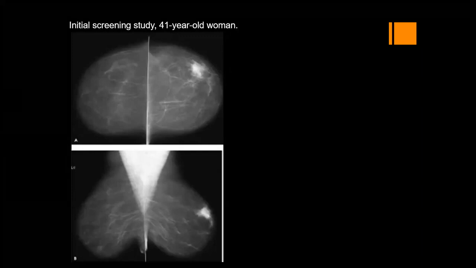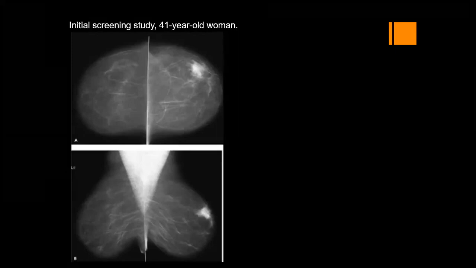This asymmetry in the two views has the same, comparable size, comparable density, and comparable distance from the nipple. So we are talking about the same abnormality.